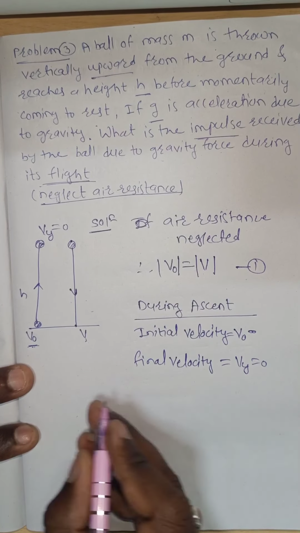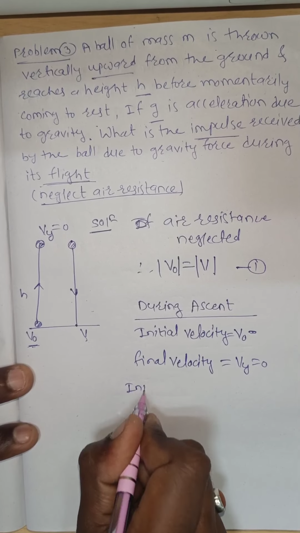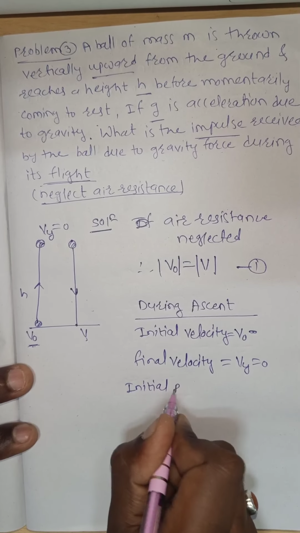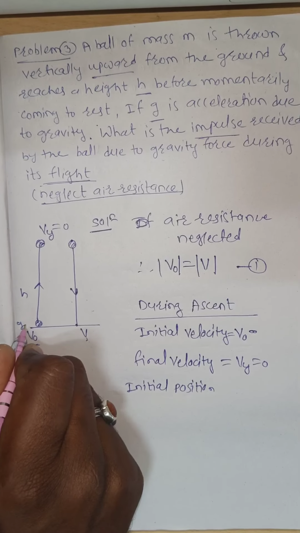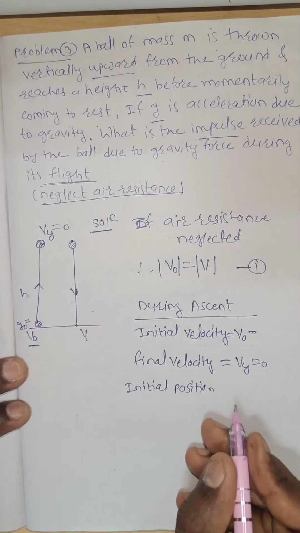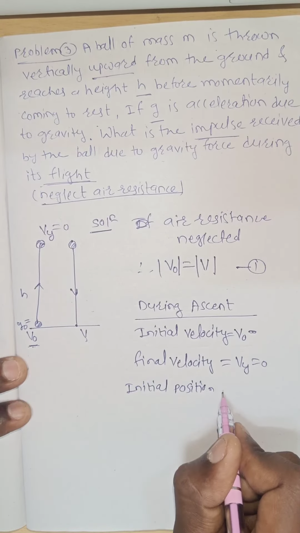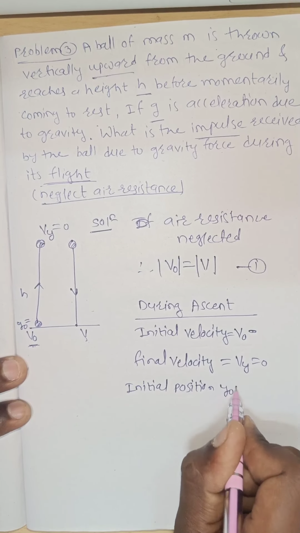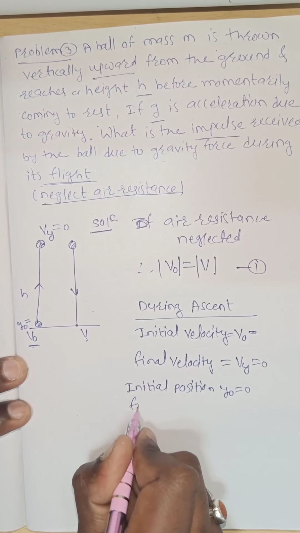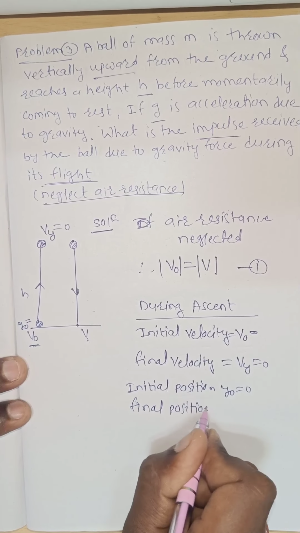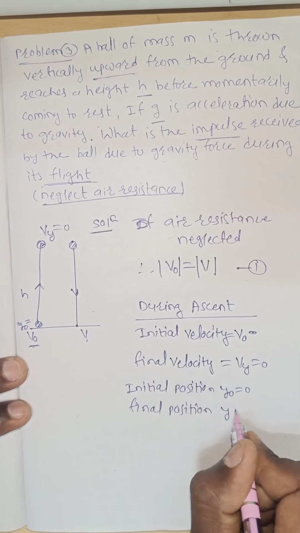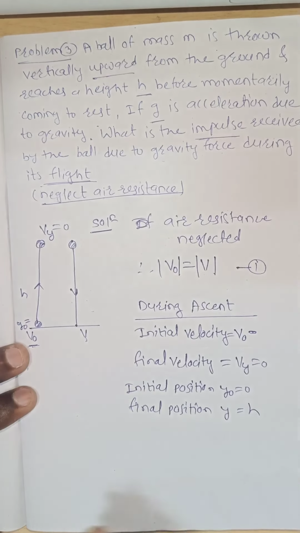Therefore, using the kinematic equation, what is the initial position? The initial position y0 is equal to 0, and the final position y is equal to h.